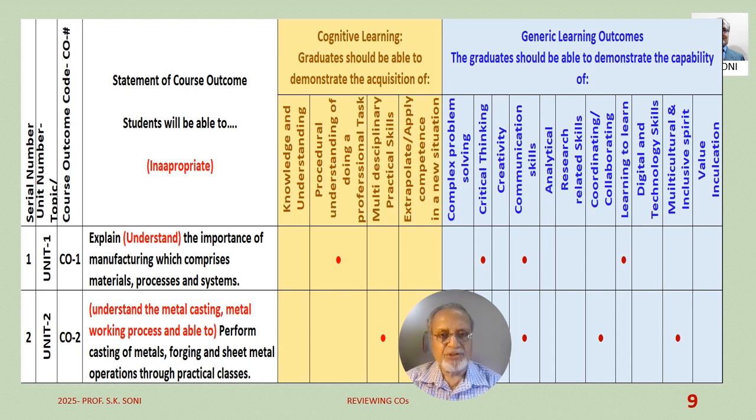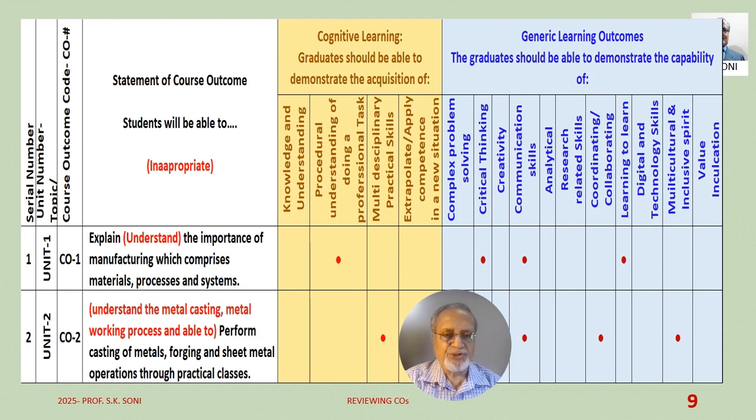Now you have to think that we have selected the disciplinary program outcome as procedural understanding of doing a professional task. Along with that, we can select that critical thinking can be improved, communication skills can be improved, and learning to learn can be improved.